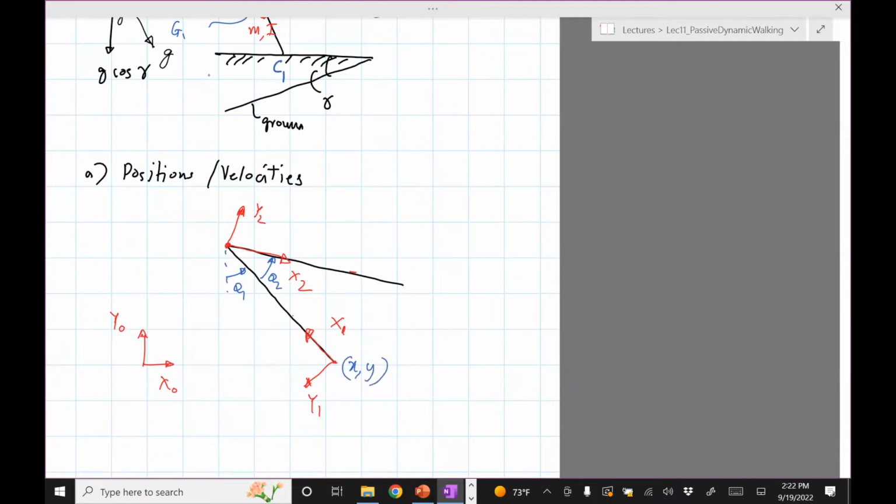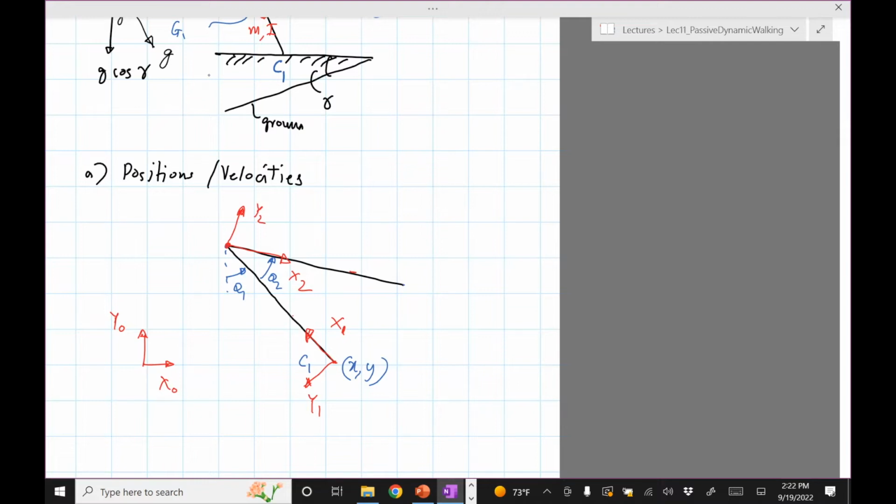So this point, C1, as you take multiple steps, will keep going forward, right? It is not like a double pendulum with a fixed pin joint where it's always at the origin. So we just assign it x comma y. Then, given this x comma y, we can compute the positions of these points just by using our frame.